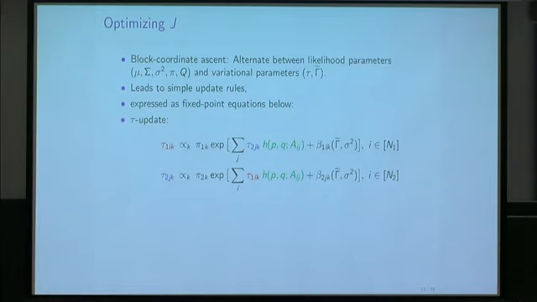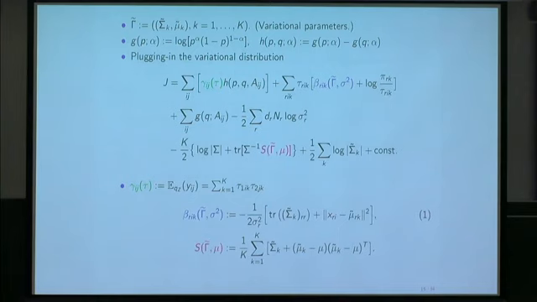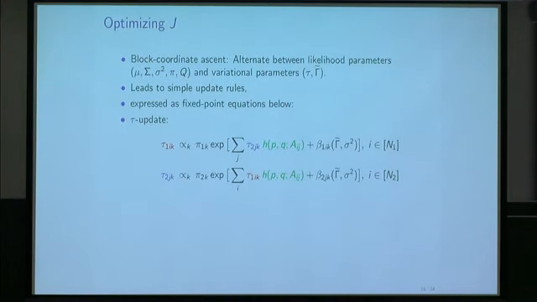Let me just show you, for example, the updates for tau, which are the interesting ones. We do block ascent. You have these likelihood parameters, and this gamma collects the parameters of the surrogate posterior, or the variational posterior, if you want. Then you update everything block-coordinate-wise.